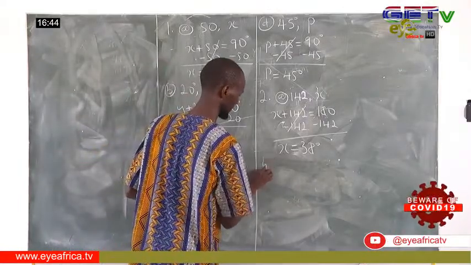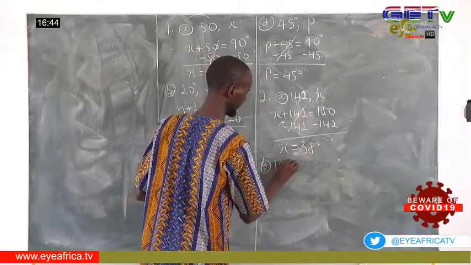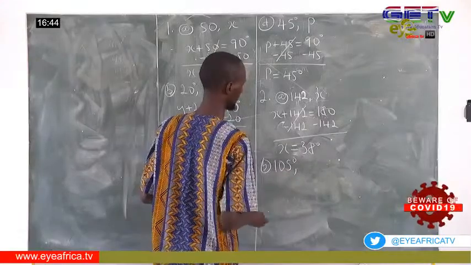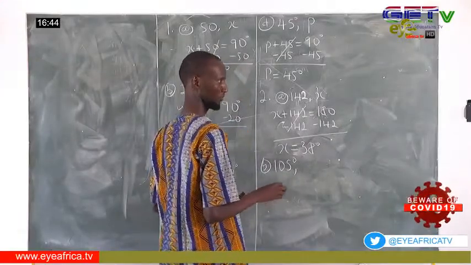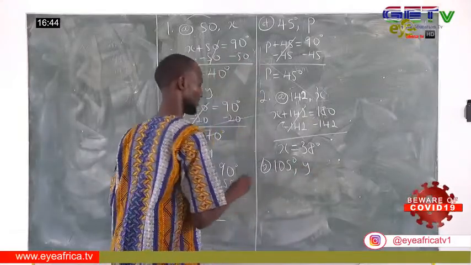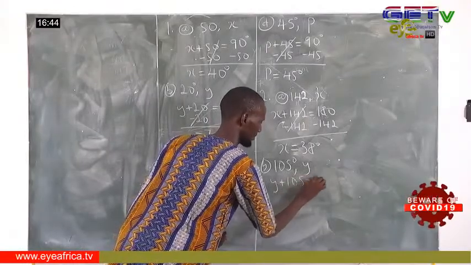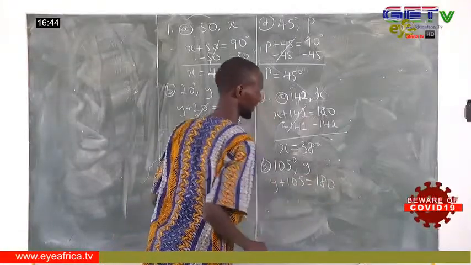Then the B part, you are given an angle of 105 degrees. You are asked to find its supplement, which we don't know, so we can use y to represent it. Again, we know y plus 105 should give us 180 because they are supplementary.